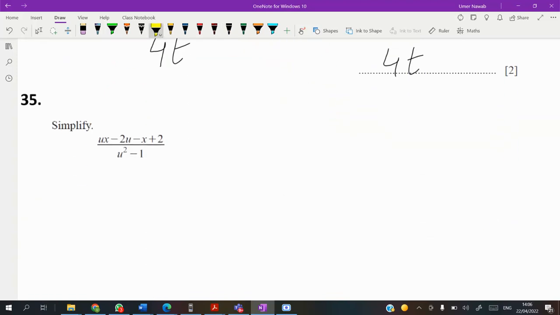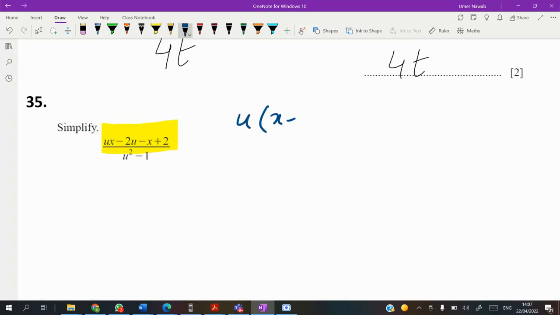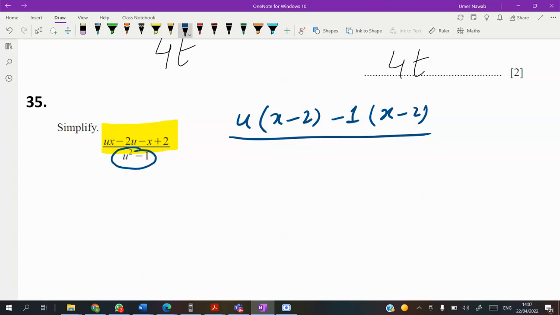Grouping. Okay, so u is common, x minus 2. There is a minus sign, nothing common, write 1, and that is x minus 2 over. Here I need to use difference of two squares because u squared minus 1 squared is u plus 1 and u minus 1. Let me write it here.